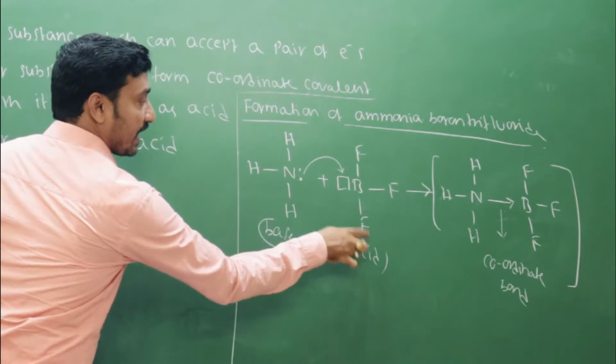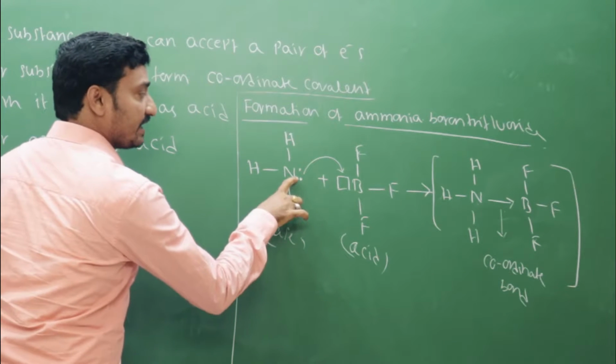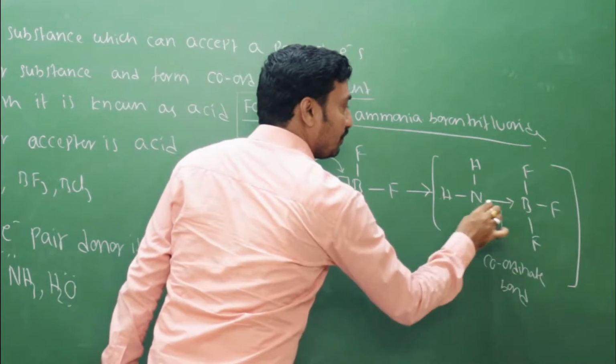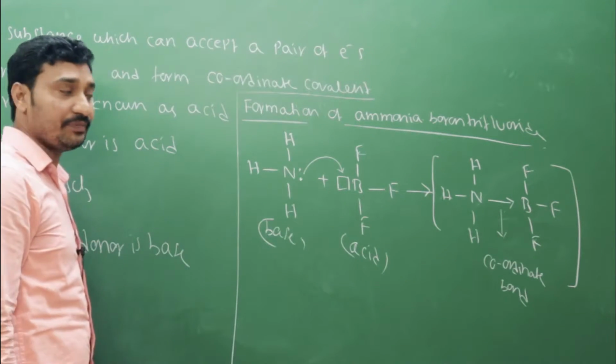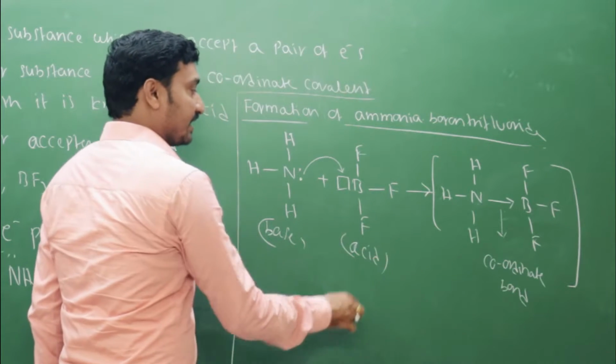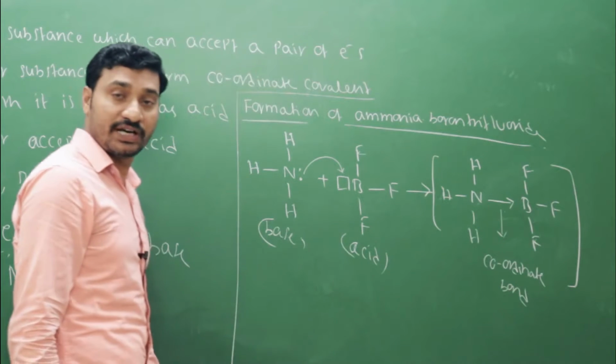Electron pair acceptor is acid. Electron pair donor is base. And a coordinate covalent bond forms between them. So in this reaction, boron trifluoride acts as acid, ammonia acts as base and forms the ammonia boron trifluoride molecule.